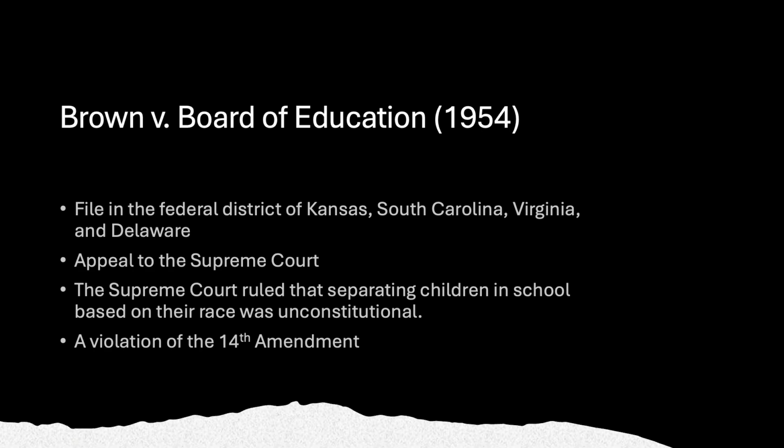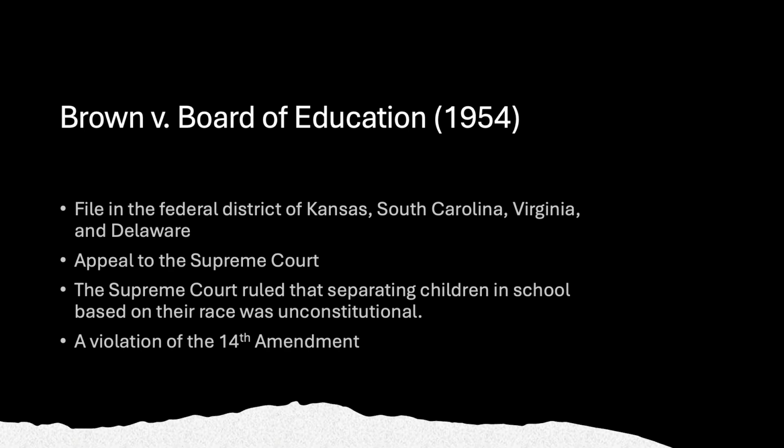One case that illustrates how the levels of the federal court work is Brown versus Board of Education, a case from 1954. In this case, the Brown family filed a petition in the Federal District Court of Kansas.